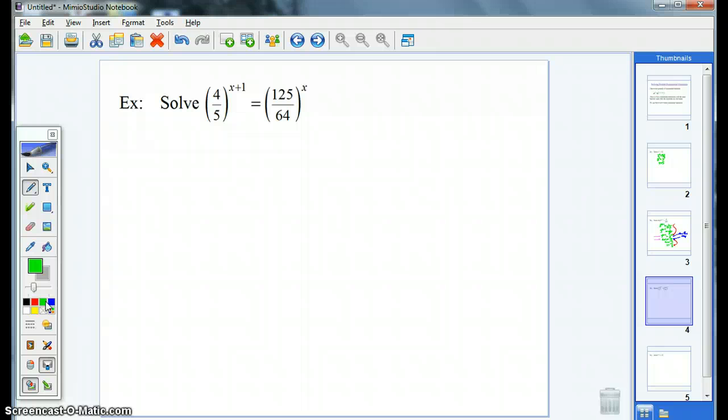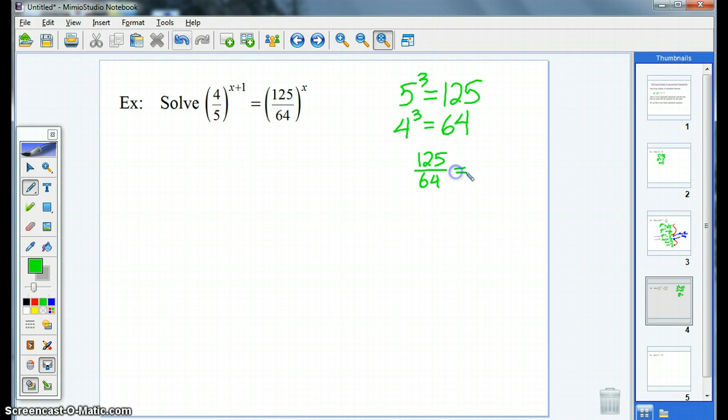The trick is that you definitely have to understand that 5 cubed is equal to 125, and 4 cubed is equal to 64. That's something you have to recognize. And so 125/64 is just 5/4 cubed.